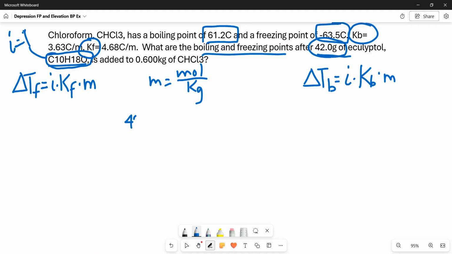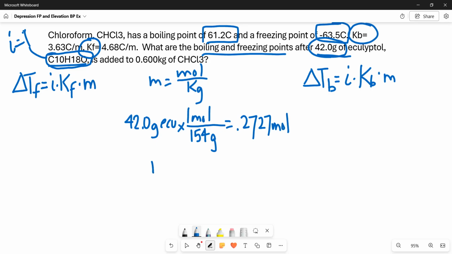So let's take 42.0 grams of the solute, I'm going to abbreviate it. I'm going to find the molar mass on the periodic table. For every 1 mole, if I add up all my carbons, hydrogens, and oxygens in that formula, 1 mole of it is going to be 154 grams. So that will give us 0.2727 moles.